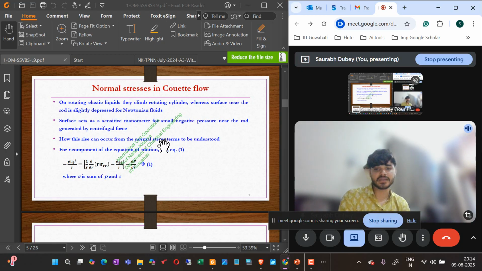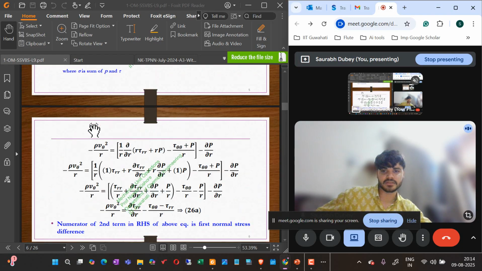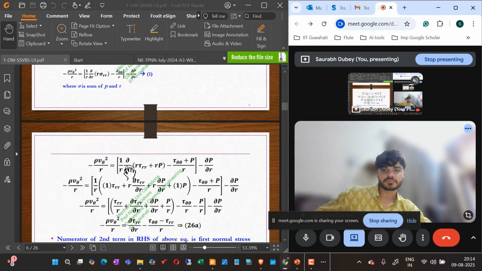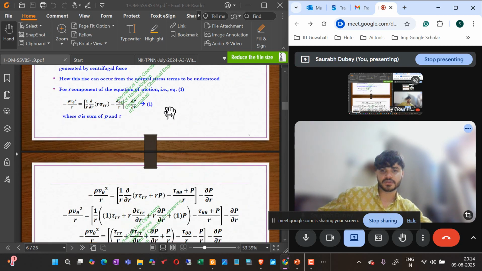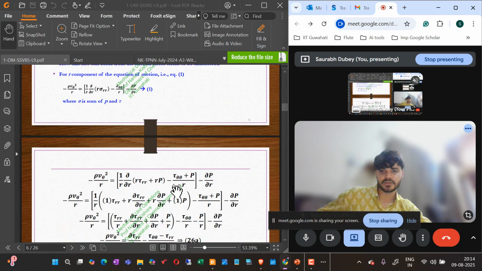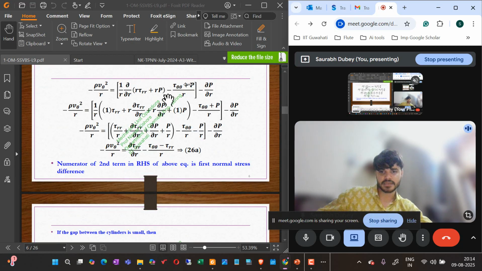For the R component of the equation of motion, you had this from the last lecture, right? And from the theta, R component of the equation, when you see tau theta theta, tau RR, these are the normal components. Here you just solve this term a bit.